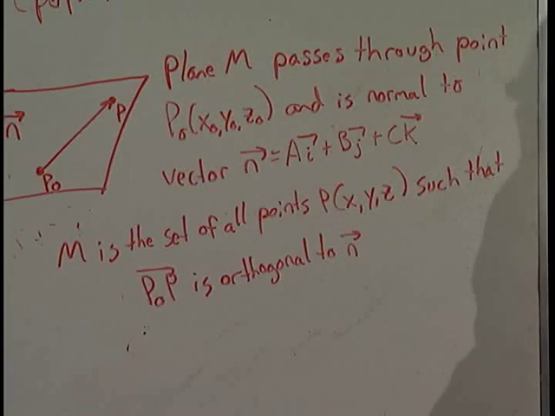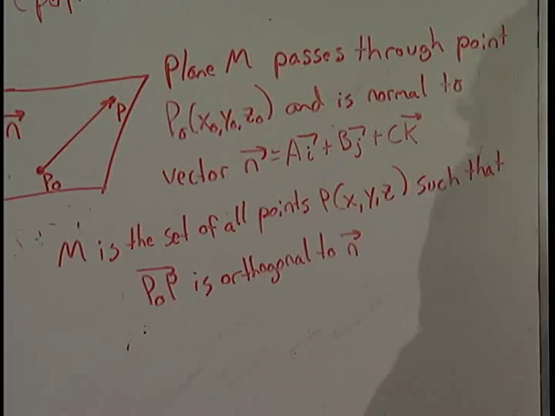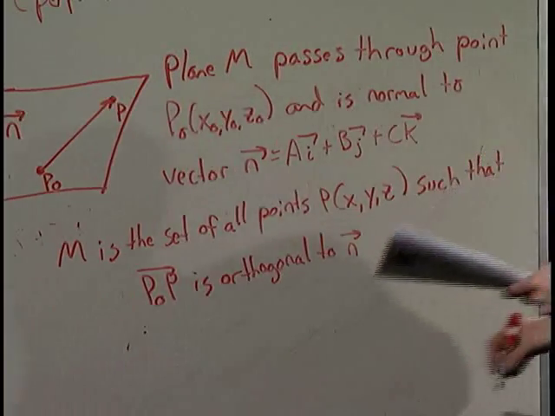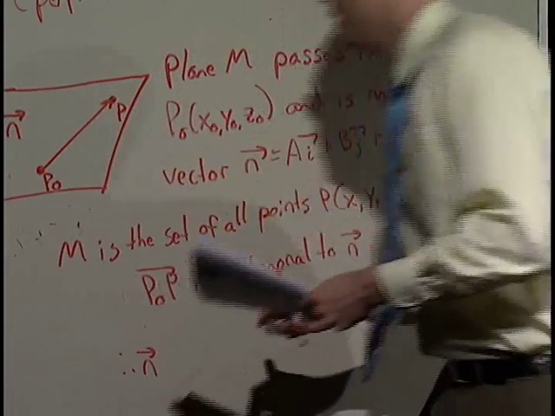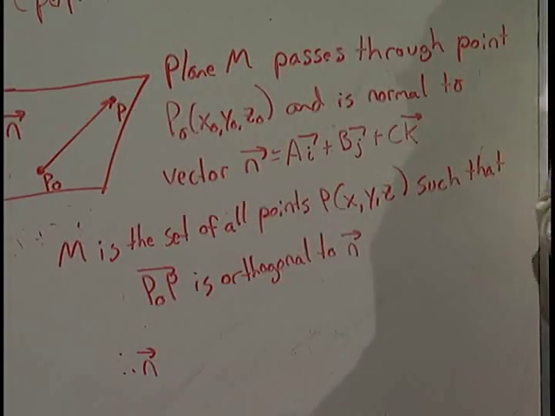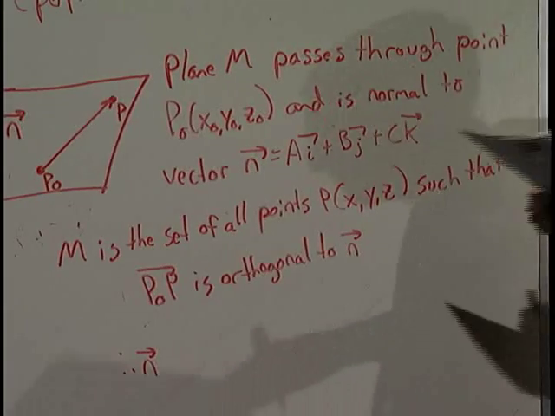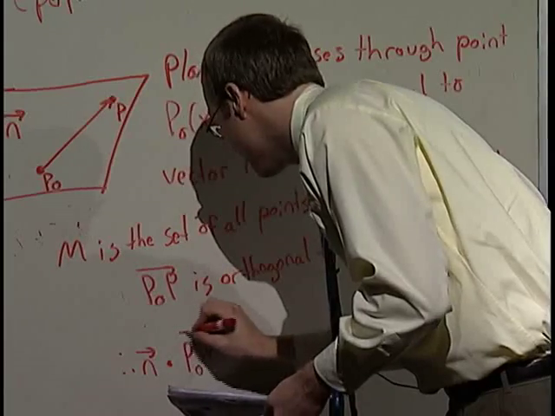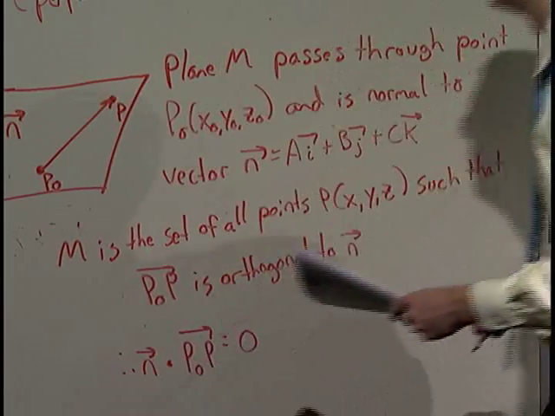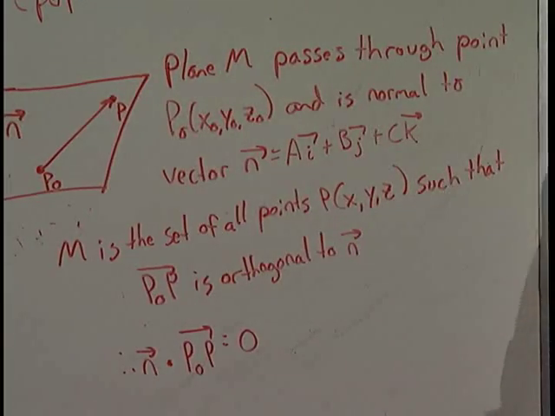Because any vector that lies in the plane, n will be normal to it, therefore any vector will be orthogonal to n. Okay? Well, what does that mean equation-wise? Well, remember that a big check we had for orthogonality was the dot product. And it means that n dot P naught P is equal to 0, right? Two vectors are orthogonal if and only if their dot product is 0. Well, there you go.